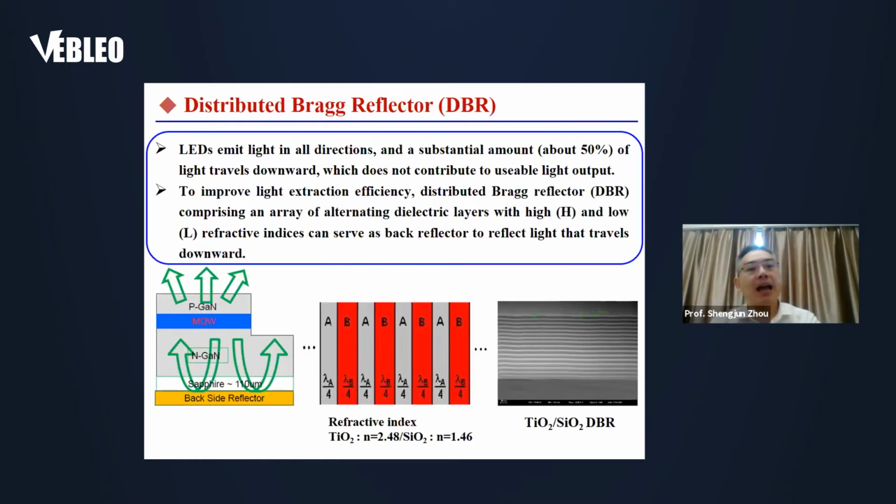LED emit light in all directions and a substantial amount of light travels downward, which does not contribute to usable light output. To improve light extraction efficiency, distributed Bragg reflector, an array of alternating dielectric layers with high and low refractive indices, can serve as back reflector to reflect light that travels downward.